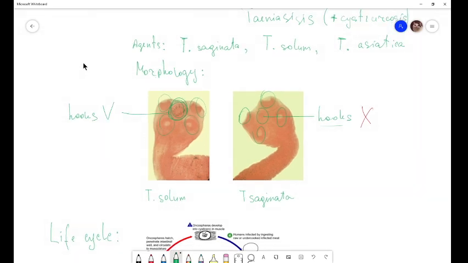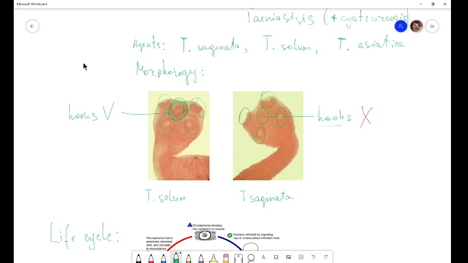How long are these worms? These worms are from 2-3 meters to longer than 10 meters inside the intestine of a human.